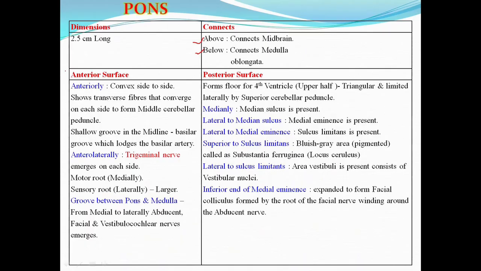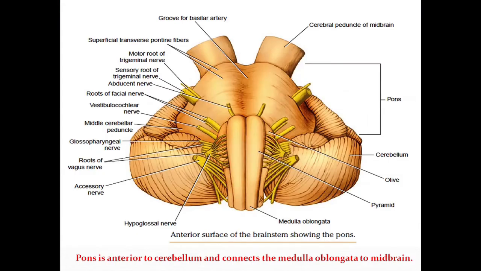When you study the anterior aspect of the pons, anteriorly it is convex from side to side and shows transverse fibers, and they converge to form the MCP, the middle cerebellar peduncle. Then you identify a shallow groove in the midline called the basilar groove. So this is the superior border of the pons, and this will be the inferior border of the pons.